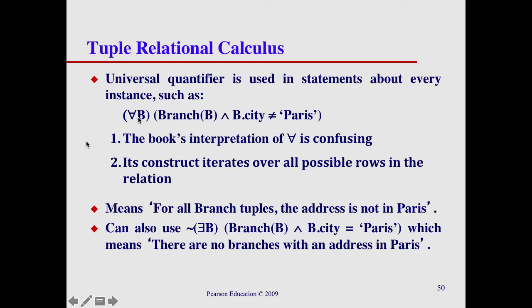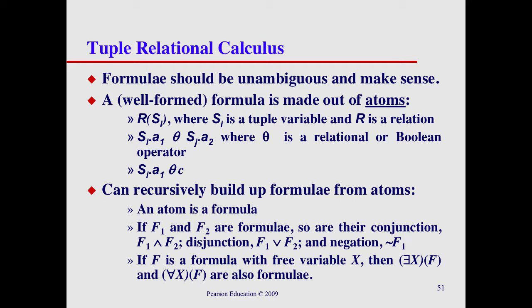So when I say for all B, B dot city is not Paris, that's the same as saying there does not exist a B such that B dot city equals Paris. So whichever way you're comfortable with saying it, you can either say for all, or you can say there does not exist and then negate the predicate for the for all.